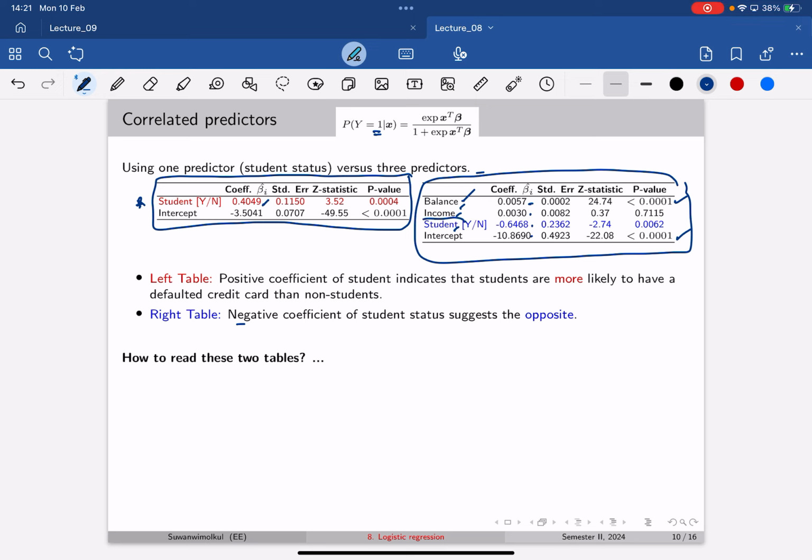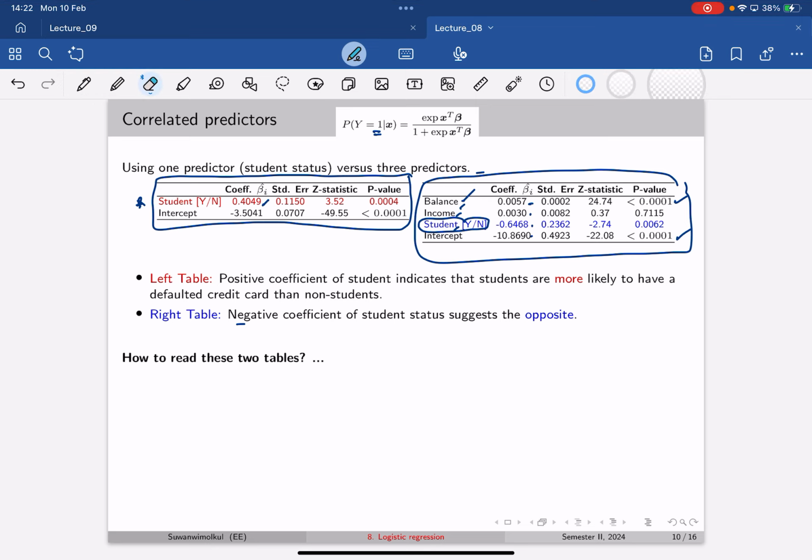And that's to the point that the status of being a student is actually helping this credit card from not being canceled. It's actually supporting the intercept, that generally I don't want any card to be canceled, I don't want it to default. So pretty much that's it.